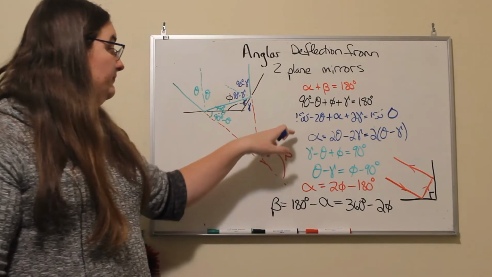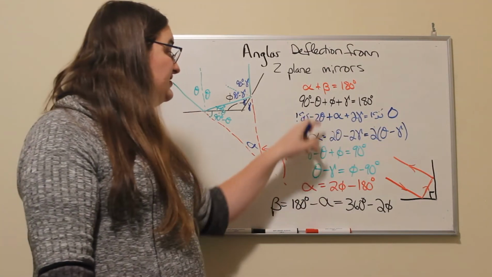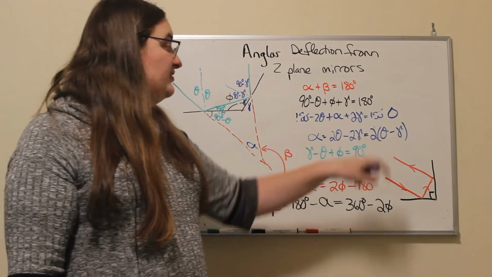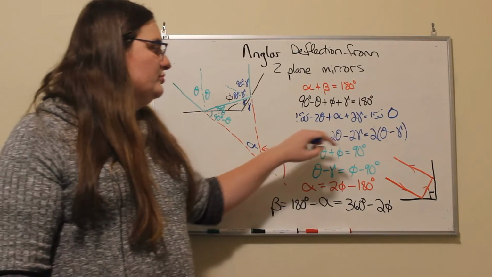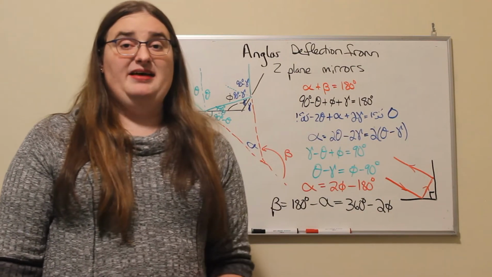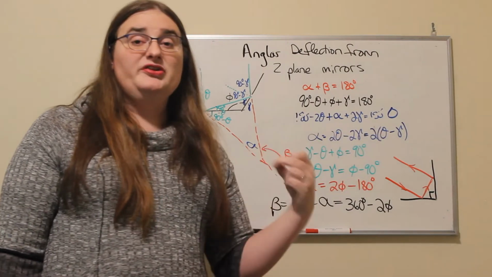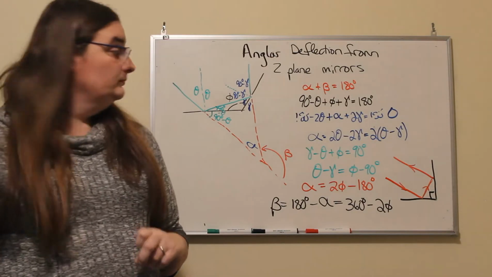Well, alpha is going to be, I can add 2 theta to both sides, I can subtract 2 gamma from both sides, and factor out that 2, so alpha is equal to 2 times theta minus gamma. So, if we can find this angle theta minus gamma, then we can find our angle beta.